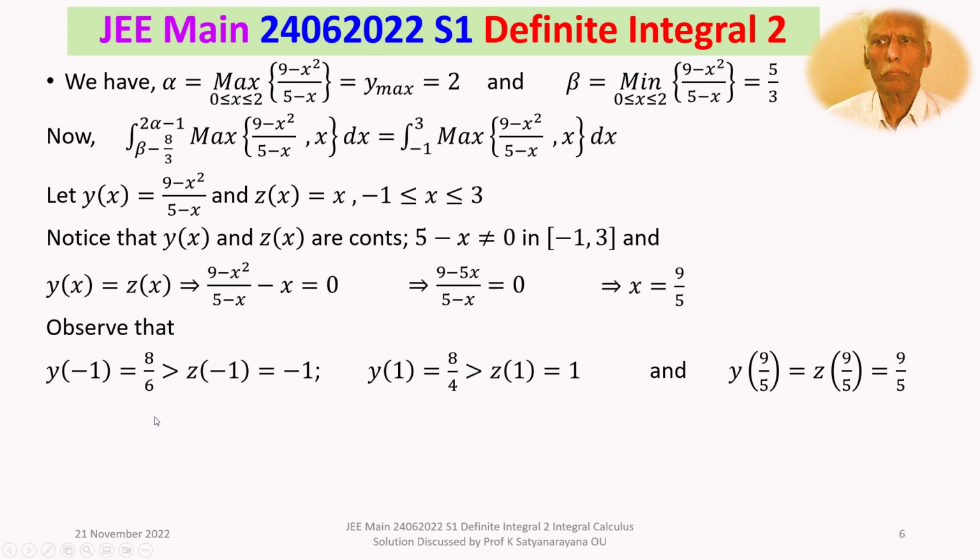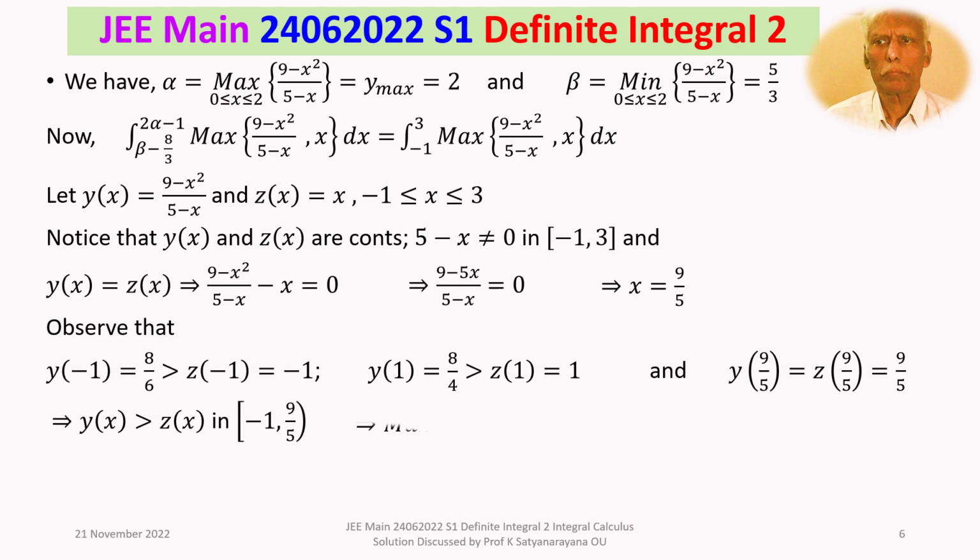What are we observing? As x varies from minus 1 to 9 by 5, y of x is greater than z of x. So y of x is greater than z of x in the interval minus 1 to 9 by 5.